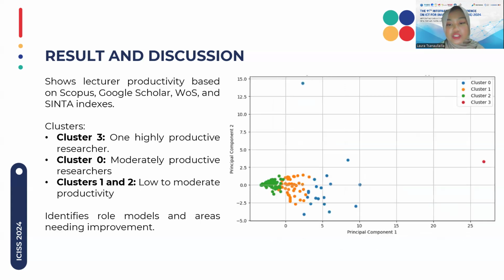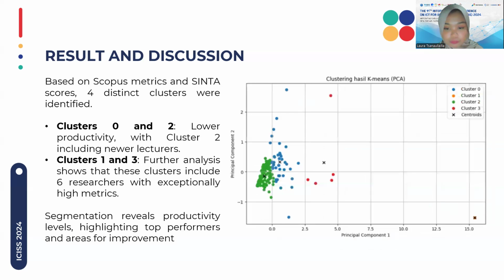Here we show the productivity of lecturers based on Scopus, Google Scholar, WoS, and Sinta index, which identifies role models and areas needing improvement, because every single cluster has its own result.